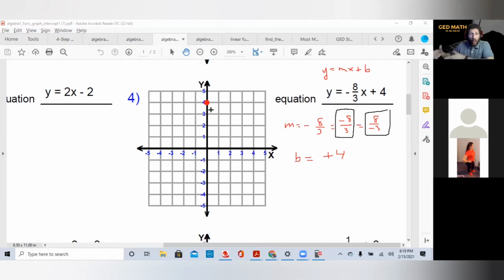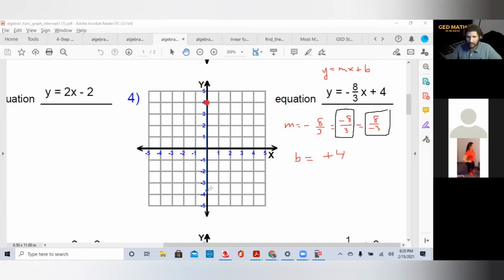So that means we're not going to -8 on our y-axis. We're going down 8 from our point. So let me change my color and change an arrow. We need to go down 8. So 1, 2, 3, 4, oops, let's not use black. 1, 2, 3, 4, 5, 6, 7, 8. So my rise was -8.